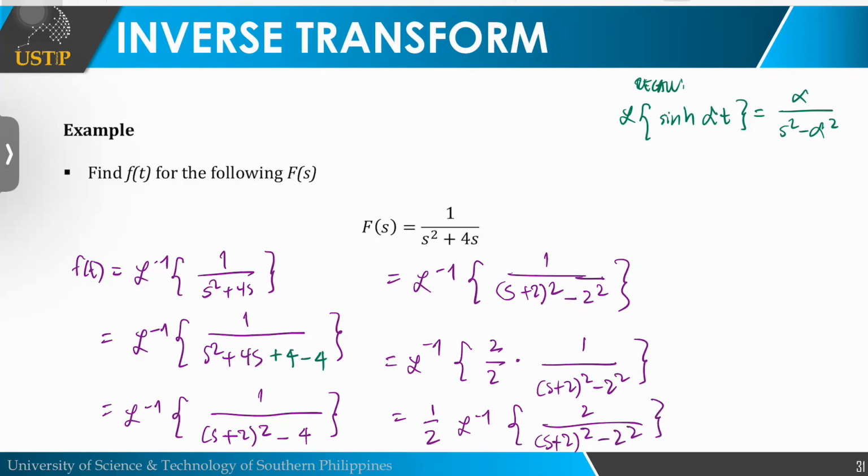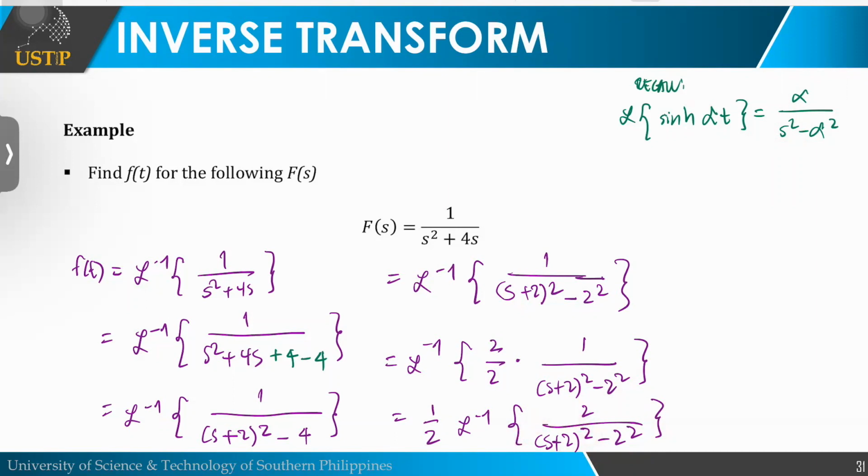Now, how can we relate this to the hyperbolic sine? This one is not exactly in this form. What is supposed to be s squared is s plus 2 squared.